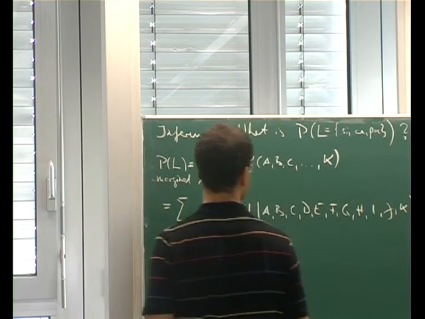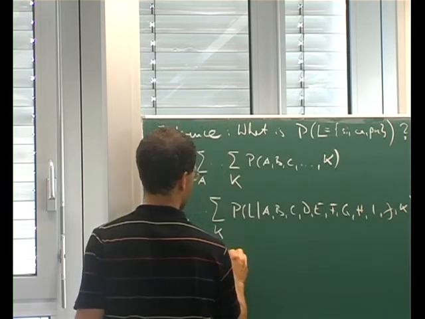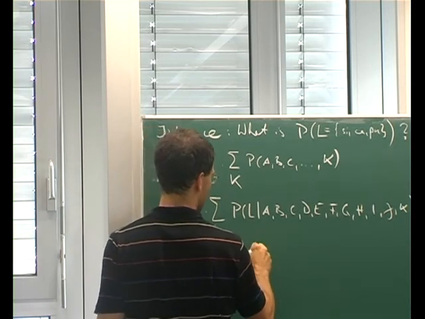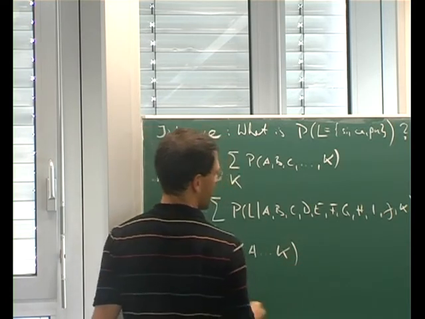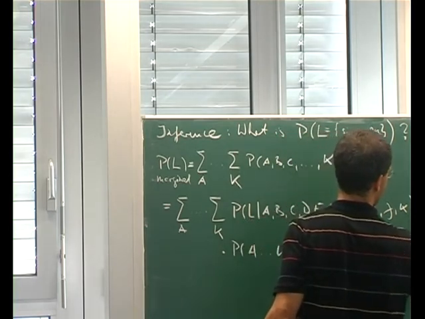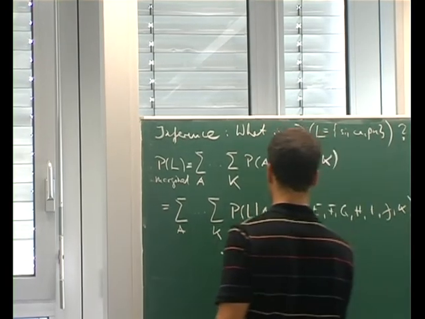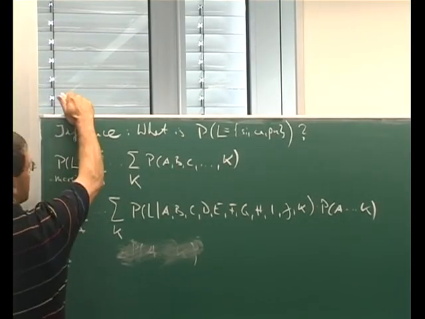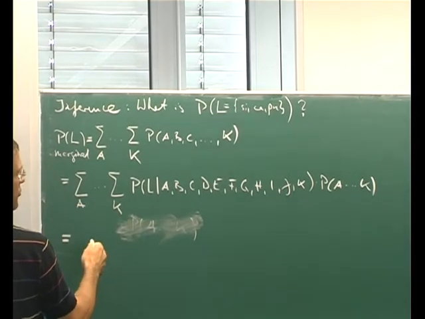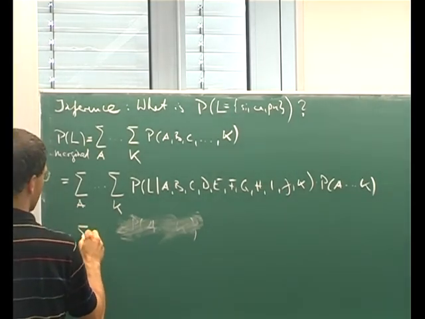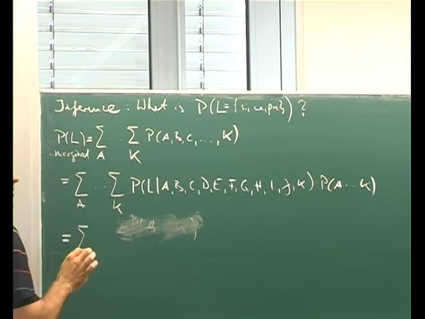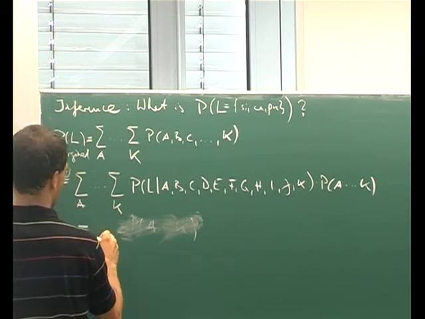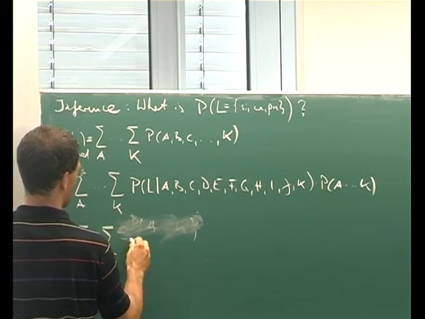Times the probability of A up to K. And now I can use this iteratively. This is, of course, not how we're going to do it, okay? But I just want to stress what would be the naive or the costly way of doing that.